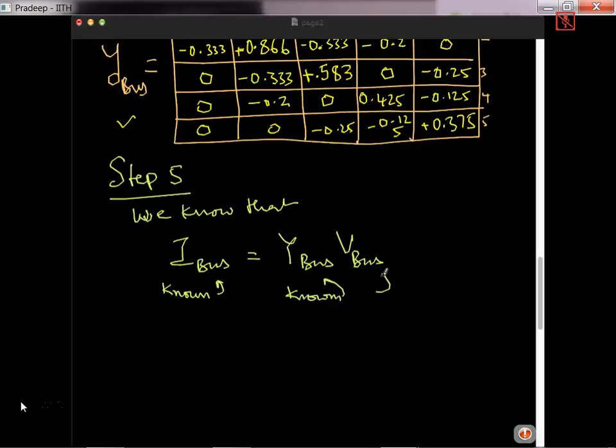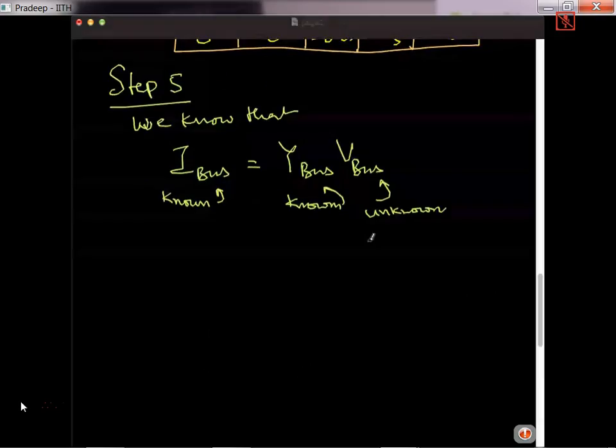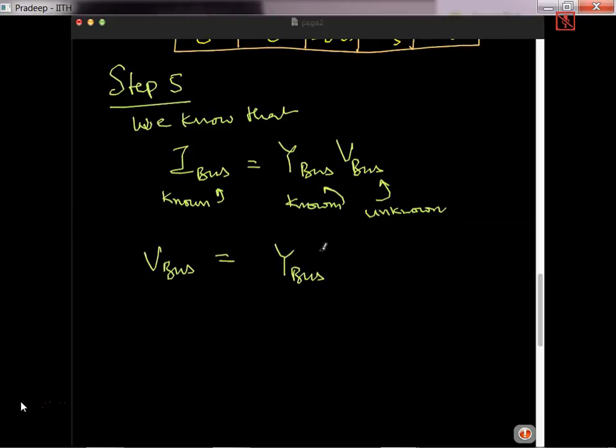This is unknown. So how to get the unknown value? V bus is equal to Y bus inverse multiplied into I bus. So let's see, this is known, this is known. Invert Y bus and multiply with I bus, then I'll get the V bus.